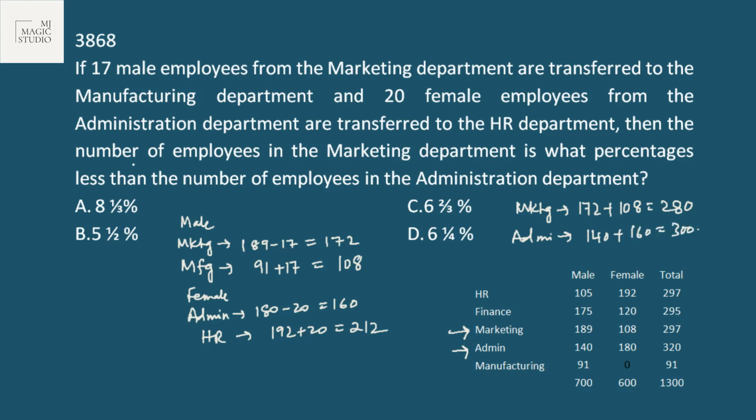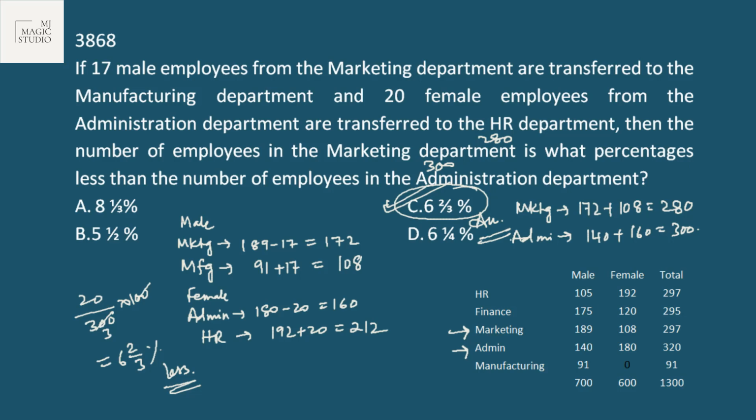That is 300. So number of employees in marketing department, that is 280, is what percentage less than 300? 280 is 20 less than 300. So by percentage it would be 20 by 300 into 100. 20 by 3 is 6 2 by 3% less. 6 2 by 3%. We have this in option C.